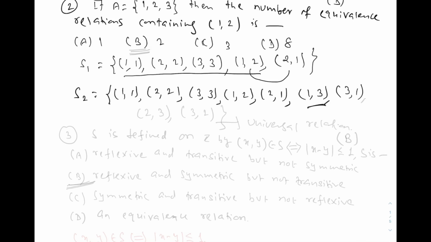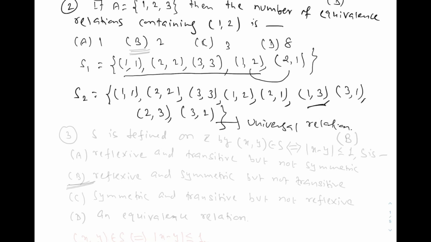Now transitivity: here (2,1) is there, (1,3) is there, so because of transitivity I need (2,3) also in the set. Once (2,3) is there, because of symmetry (3,2) should also be there. Now there is no other element left in A cross A, so this is the universal relation.